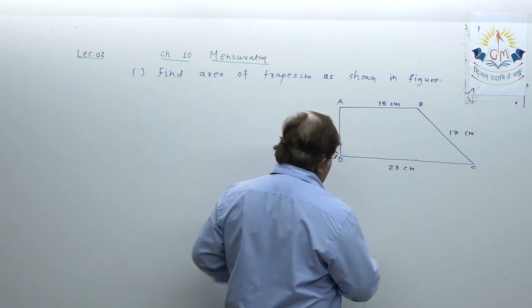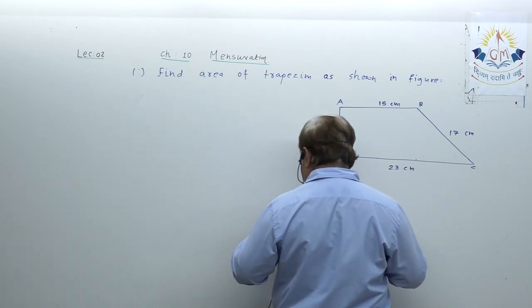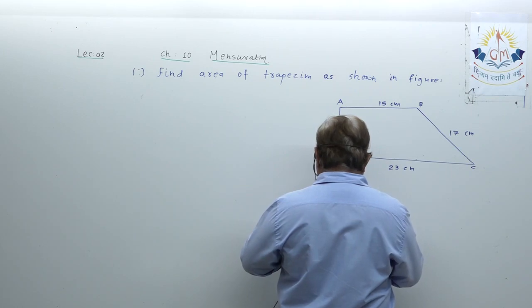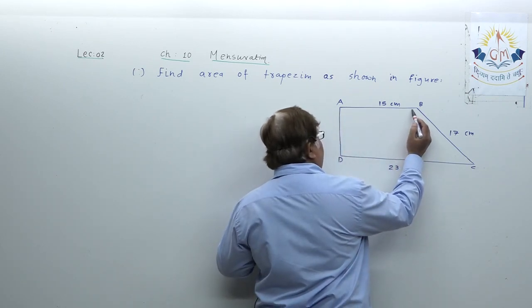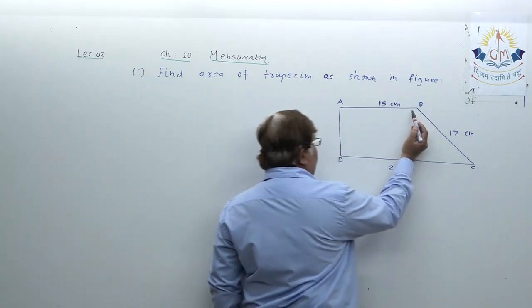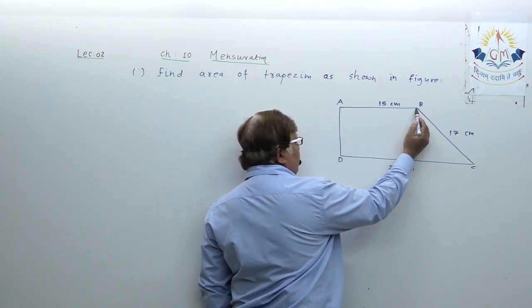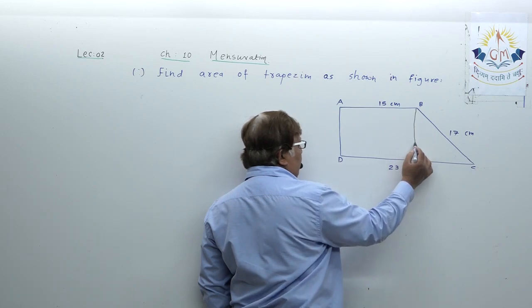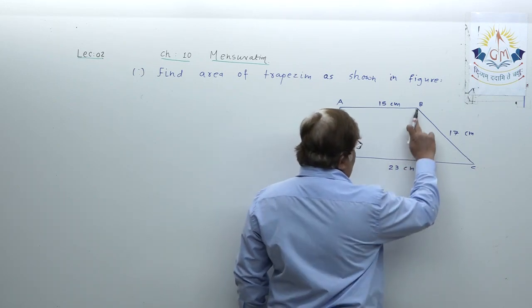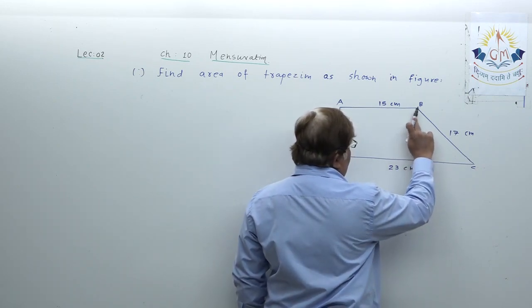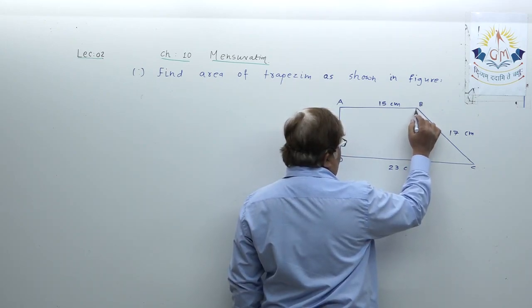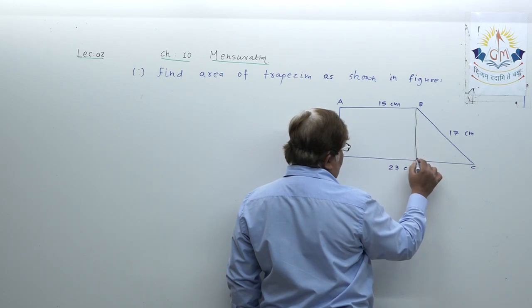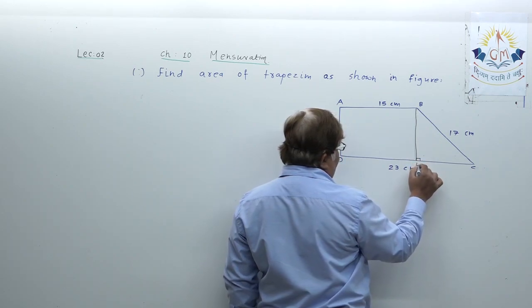See, dear student, as usual, what we do first, we are constructing one altitude. One altitude we have to construct from B on CD. Let us say it L.